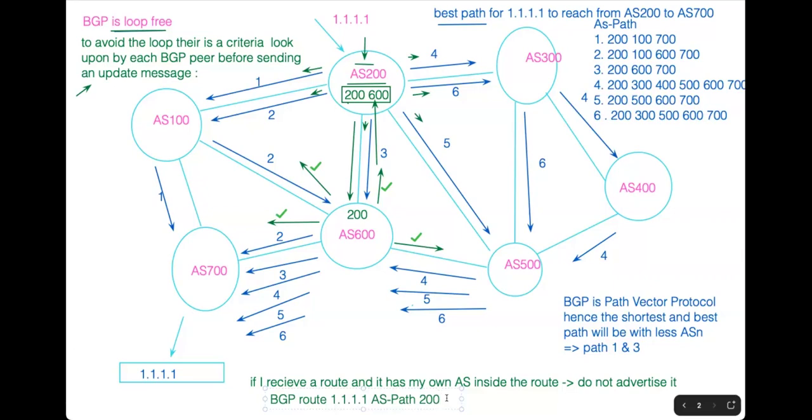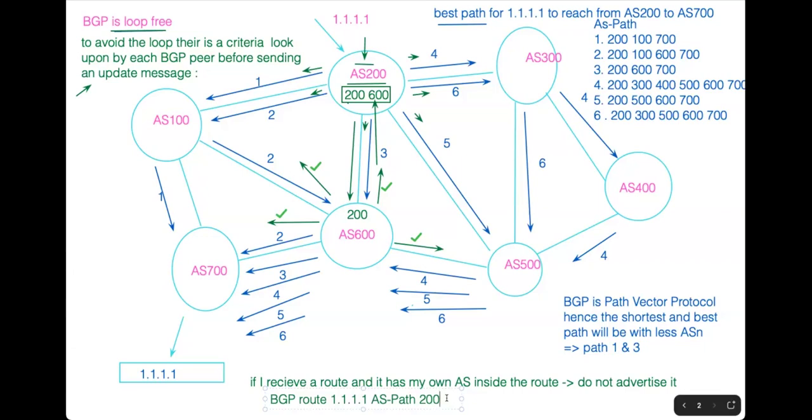So this is also part of the best path selection process, to avoid the loop as well. When we talk about the criteria of selecting the best path, we'll have a discussion over there about how the AS path works and how exactly the route will be placed in the BGP routing table.